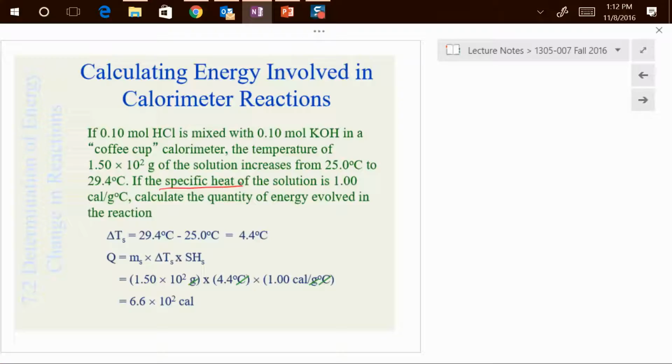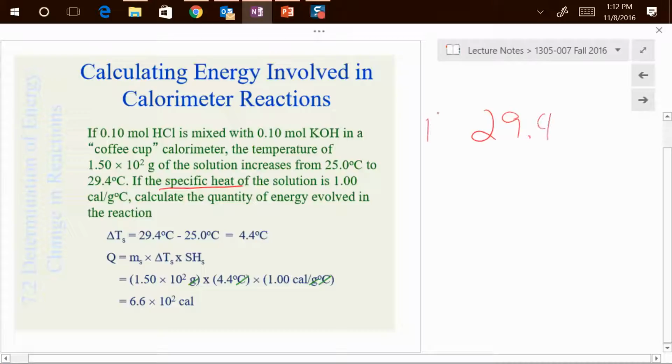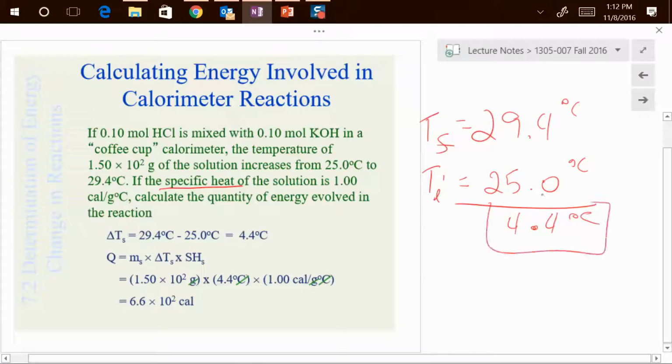Well, I had 29.4 as my T final, and my initial temperature was 25.0 degrees Celsius. Okay? And so that allows me to end up with 4.4 degrees Celsius temperature change.